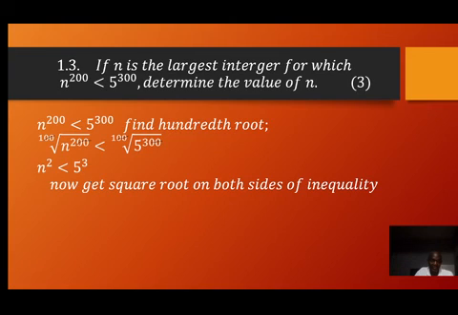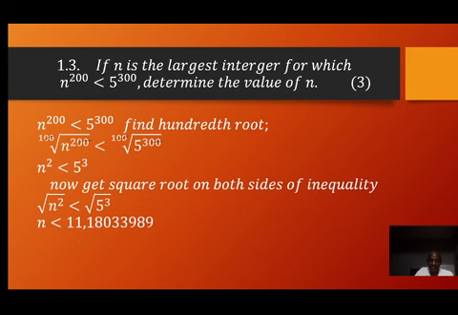Then after doing so, I can see that I'm going to get n is less than 11.18033989. But because I'm looking for the integer, my n is an integer, so it doesn't have to have decimals.